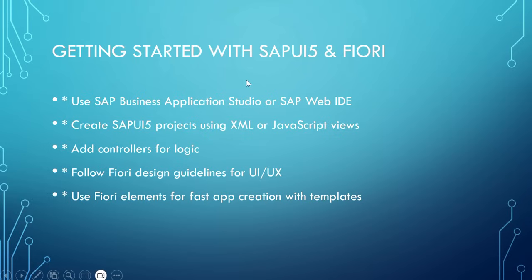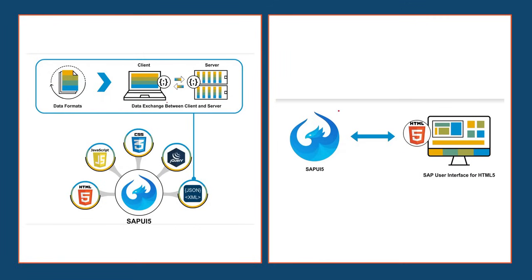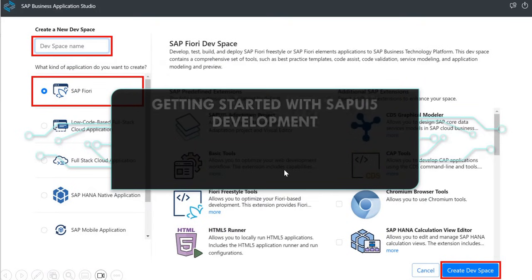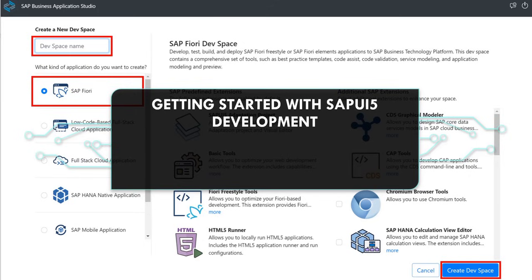Once you register, we will create a project and add some controls by using some Fiori design principles. In further videos, we will use SAP Fiori elements. If you see this architecture, finally we are going to perform it now. So without wasting your time, let's get started with SAP UI5 development in BAS.